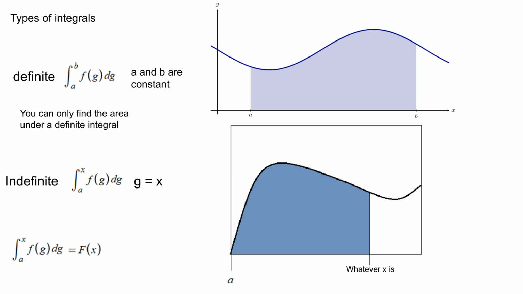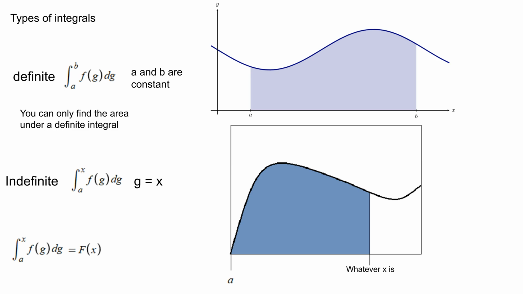Before we continue, I need to be clear about the 2 types of integrals. The first one is the definite one, which is just when there are 2 points like A and B in which we need to find the area under the graph between those. This is the only integral where we can find the area under the curve, because the 2 points A and B do not change and remain constant.